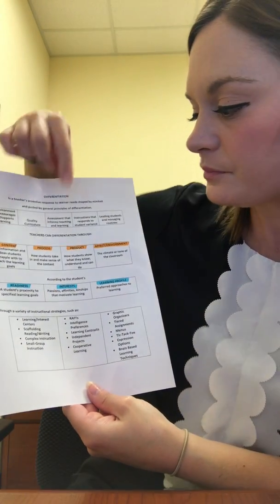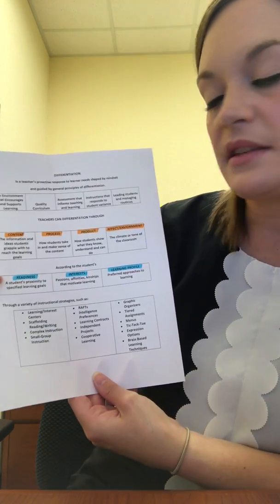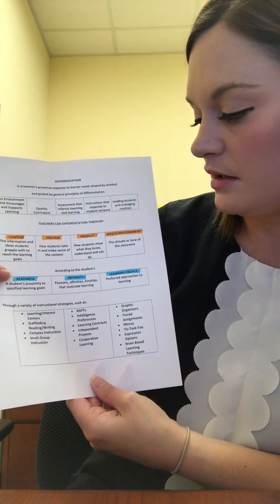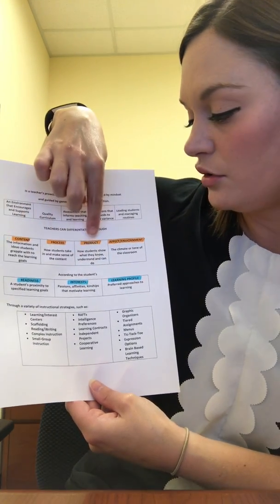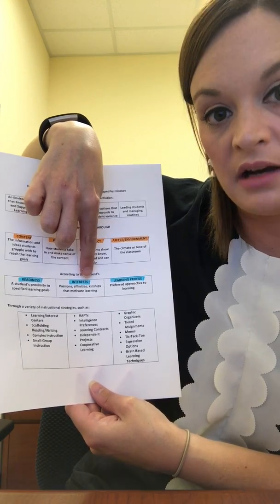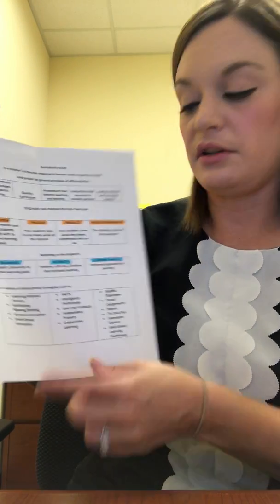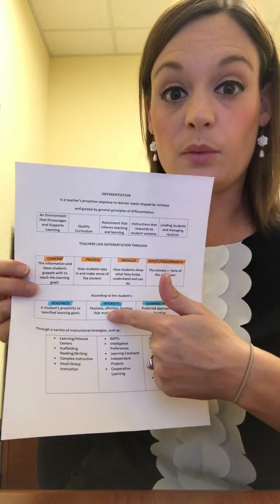So for example, the content is based on the student's readiness. Or maybe based on the student's interest, you have a different product. So maybe the students have read a novel and you want to see what they understand. So based on their interests, maybe some students like to act out what they've learned.